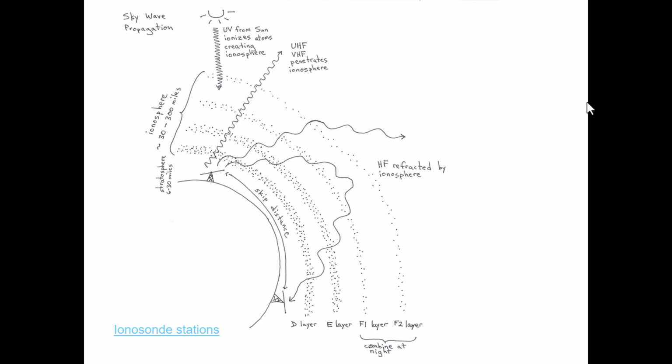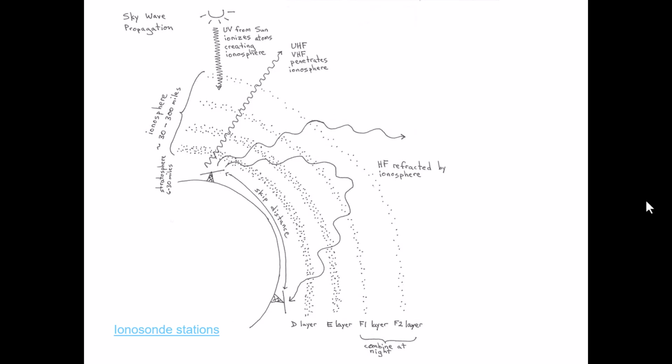The next question asks, what is the approximate maximum distance along the Earth's surface normally covered in one hop using the F2 region? Well, the F2 region is the highest region of the ionosphere, and so it's a pretty good distance. The answer choices offer 180 miles, 1,200 miles, 2,500 miles, or 12,000 miles.